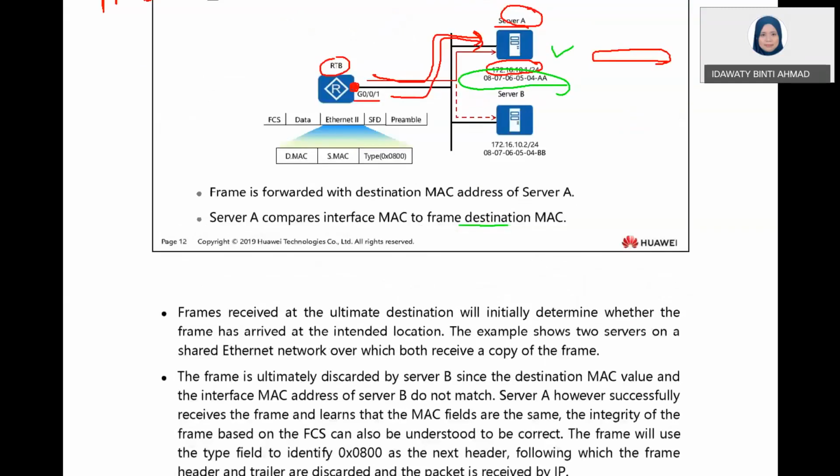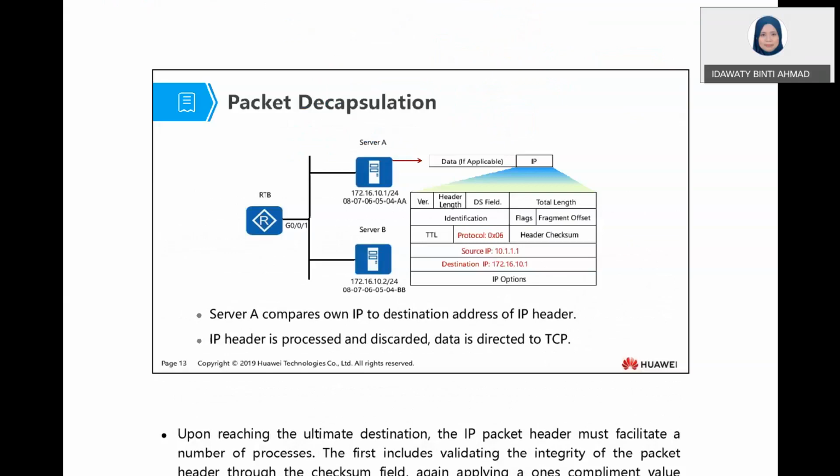When server A receives the frame, it checks the MAC addresses, the destination, the FCS, everything, processes the frame, and then decapsulates the frame to become a packet. Always remember that whether you are a client or a server, you have these 4 or 5 layers: network layer, data link layer, transport, and application.